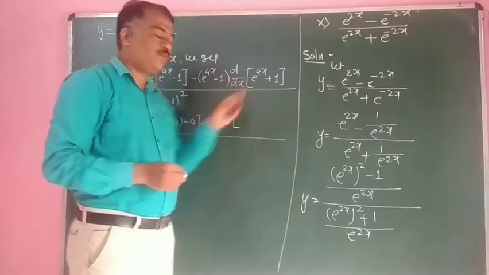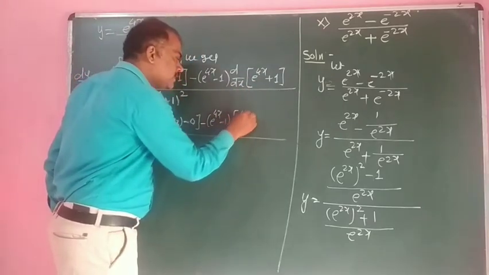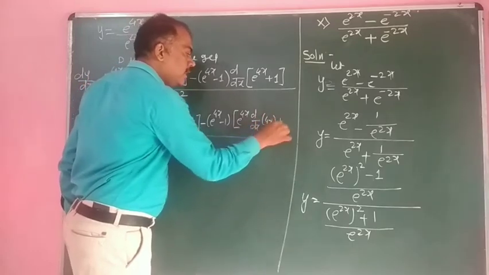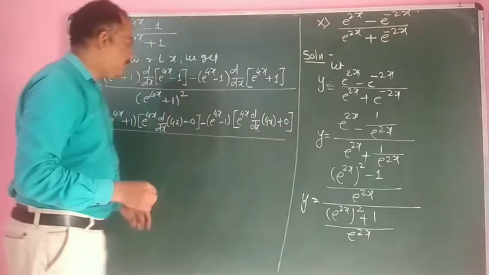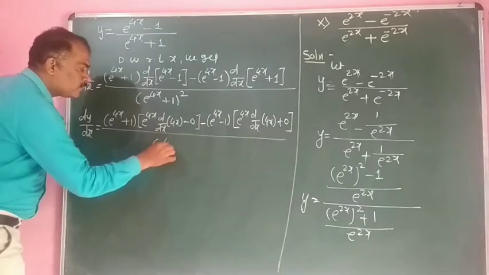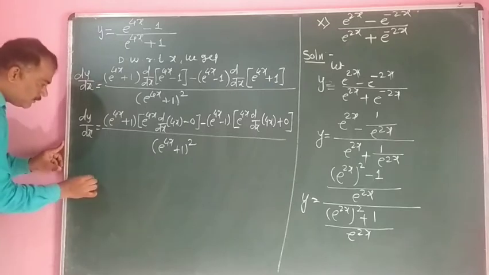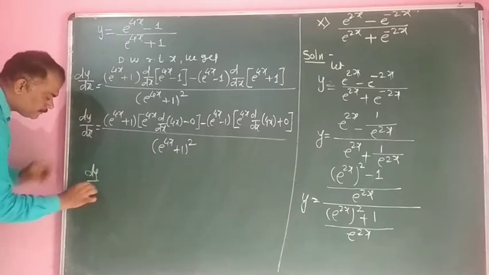What is the derivative of e^(4x)? e^(4x) into d/dx of 4x plus 0, divided by (e^(4x) plus 1) squared. That is dy by dx.